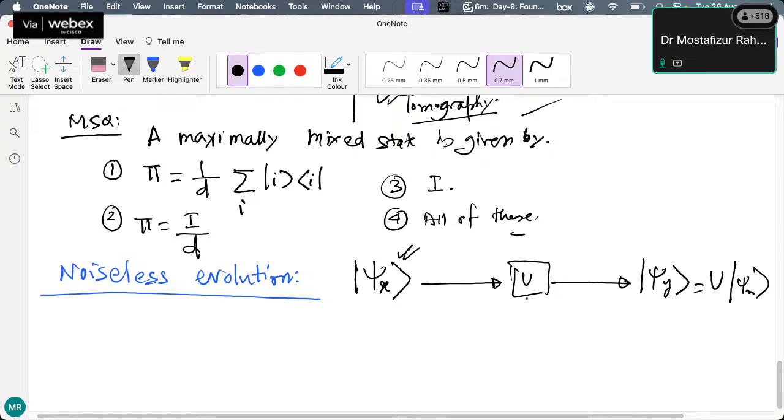That means in the channel part, you learned the communication channel, right? You transmit a signal, it passes through a wireless or fiber optical channel, and you get information back, y. X can be a random variable, y can be a random variable.